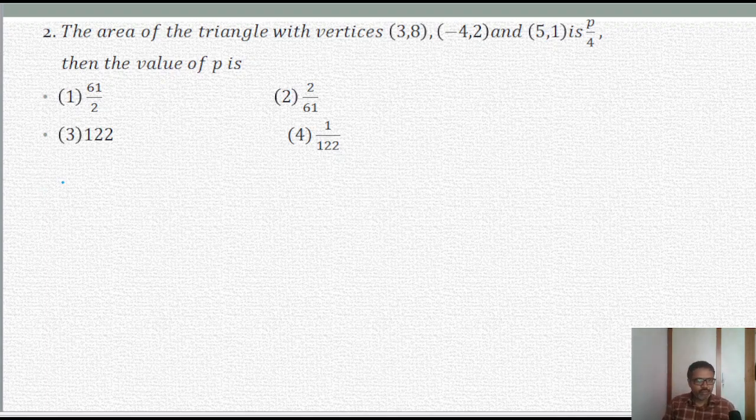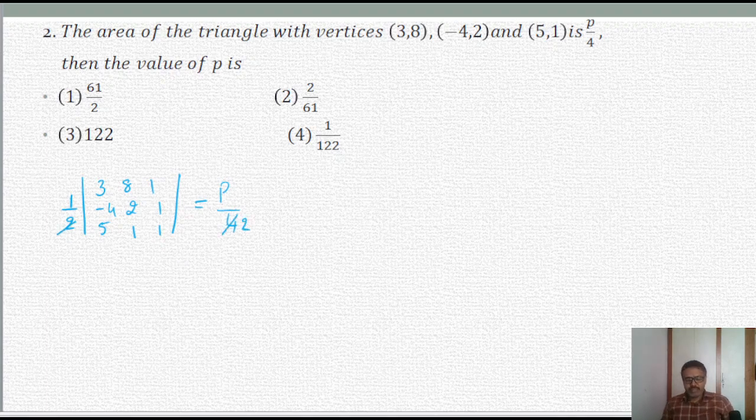We know the area formula: half of the determinant of x1 y1 1, x2 y2 1 and x3 y3 1. That is the area formula. So using that, we can write half of the determinant 3 8 1, minus 4 2 1 and 5 1 1. This determinant value they have given as P by 4. So obviously the 2s will get cancelled.